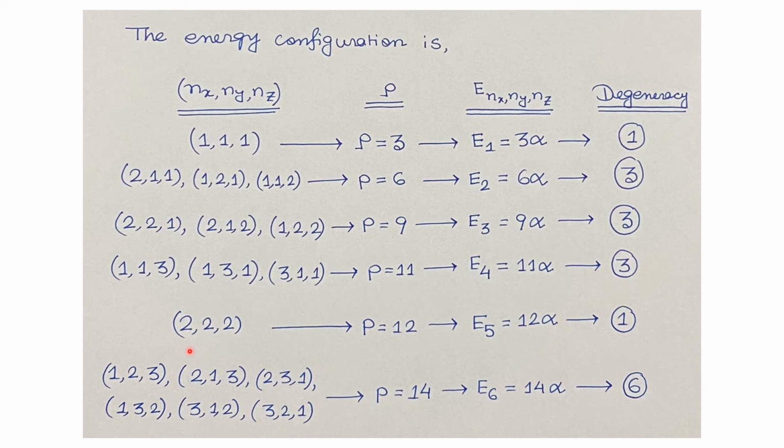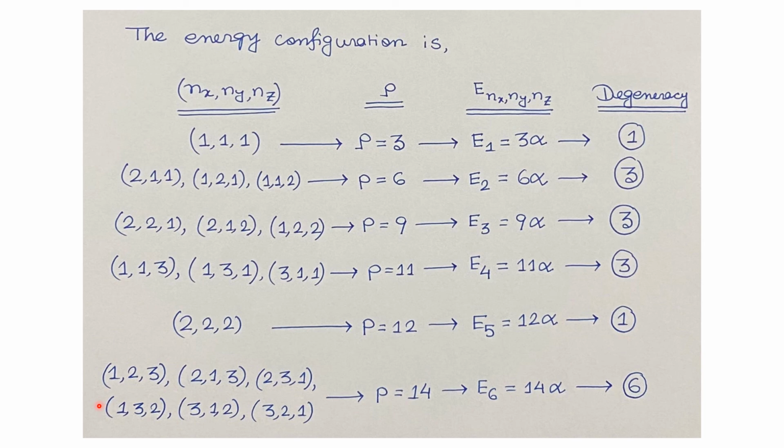For the fourth excited state, only one possible set is there, that is 2, 2, 2. The P value is 12 here, and the energy for the fourth excited state E5 equals 12 alpha. So the degeneracy is 1 in this state.